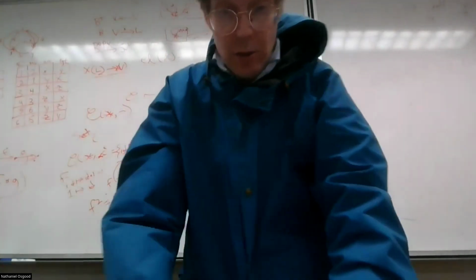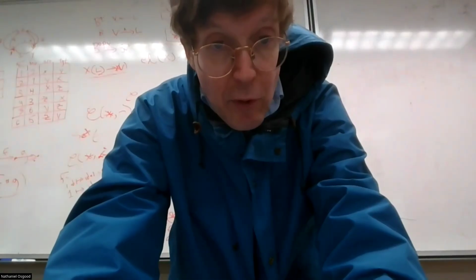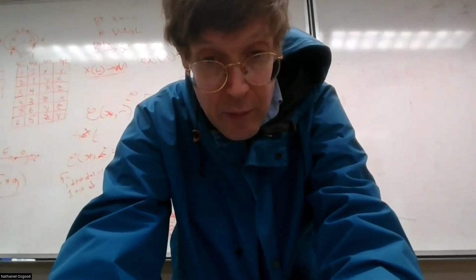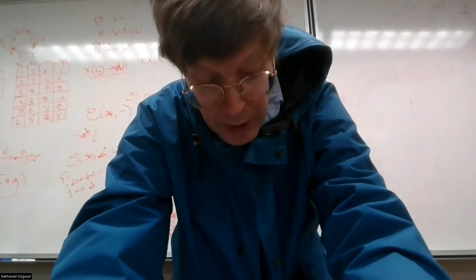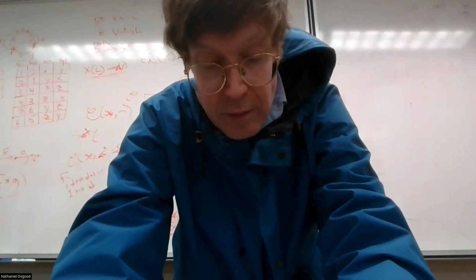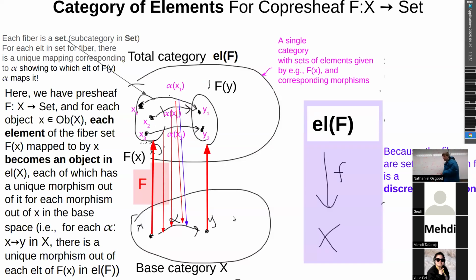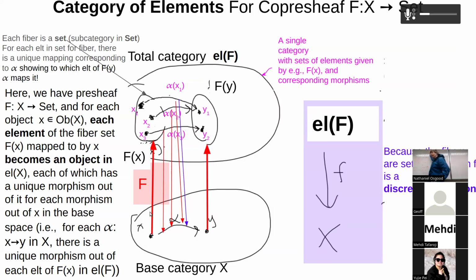Do you remember our diagram for a category of elements? It's this one right here. I'll put it up on the screen again. Here we go. Remember, every object in our category B op maps to a set, right?